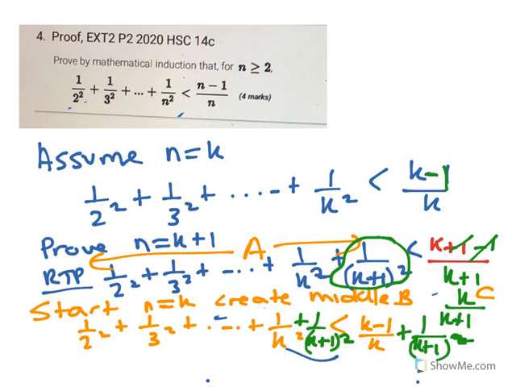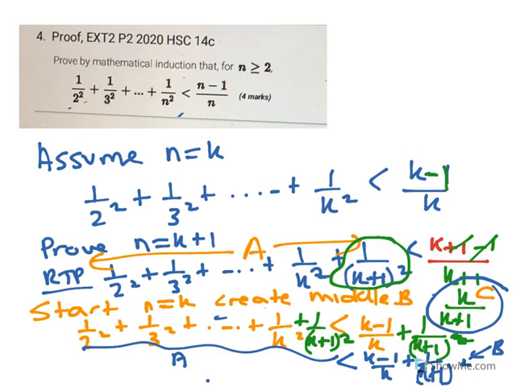So this here now, this is a, and we know that a is less than this, and we call that b. So what we need to do is prove that b is less than c.